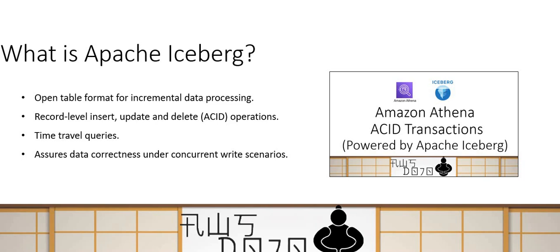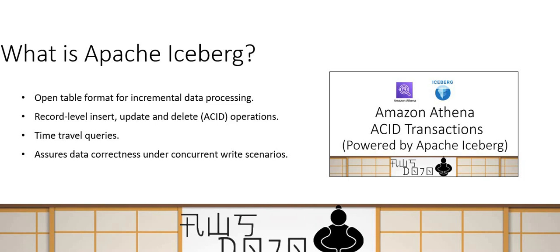Today, I'm not going to cover Apache Iceberg at great length and how to implement such a table in AWS. If you want to understand about it, I created another tutorial, and I am going to provide the link in the description box below.